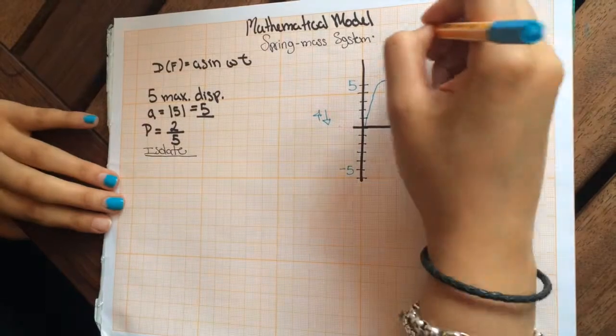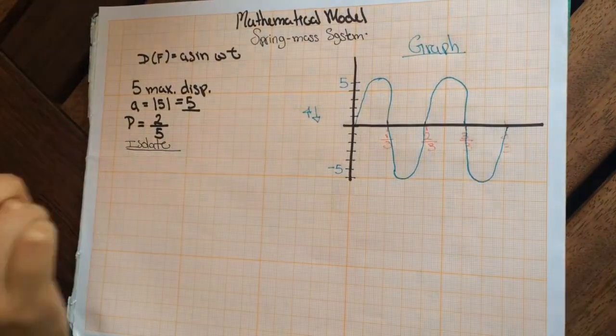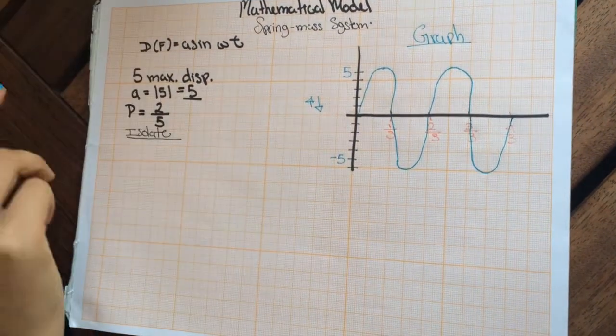After we're done graphing this, we need to start isolating omega. So we're going to do it right now.